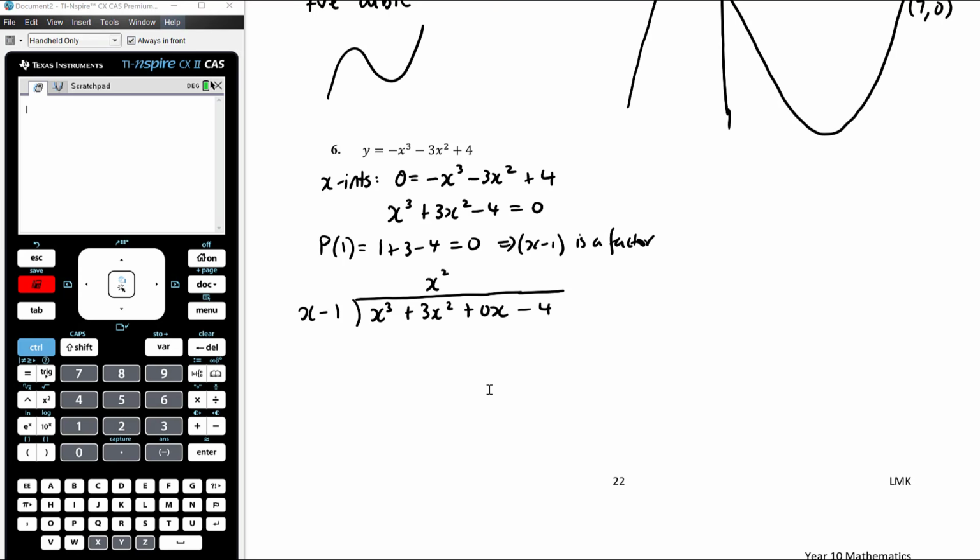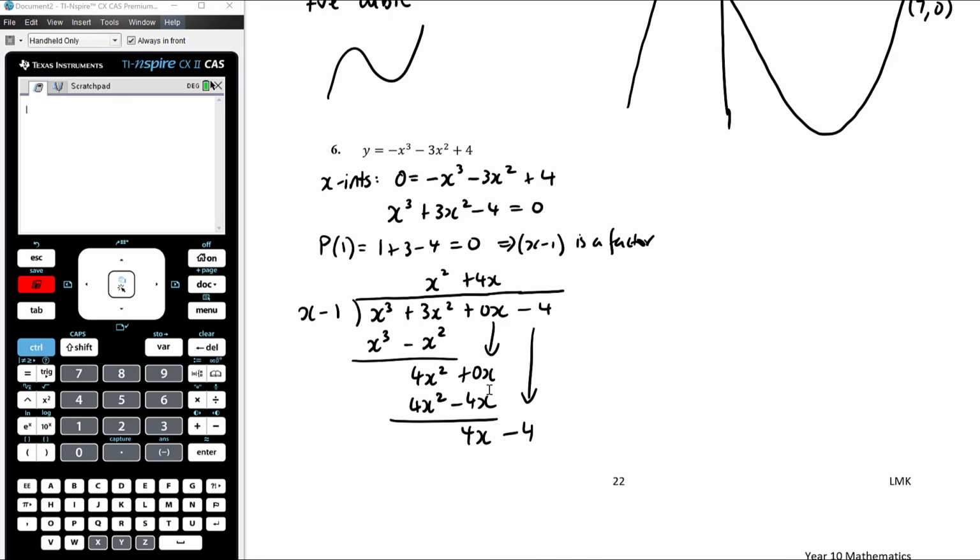That's x squared. X squared times x is x cubed, x squared times negative 1 is negative x squared, and then we subtract. What do we multiply x by to get 4x squared? That's going to be 4x. Sorry, forgot to bring down the next term as well. 4x times x is 4x squared, 4x times minus 1 is minus 4x. Subtract. 0 minus minus 4 is 0 plus 4, so 4x.